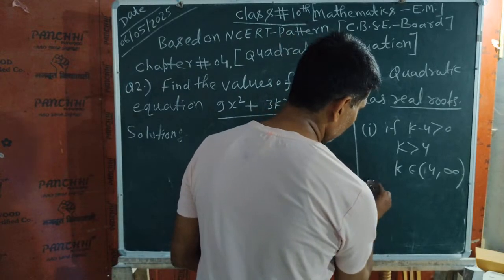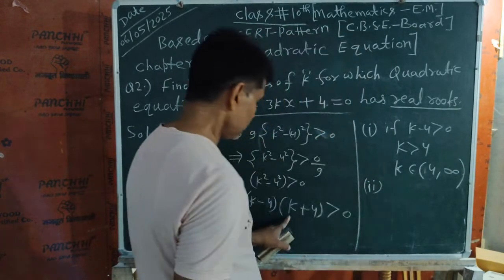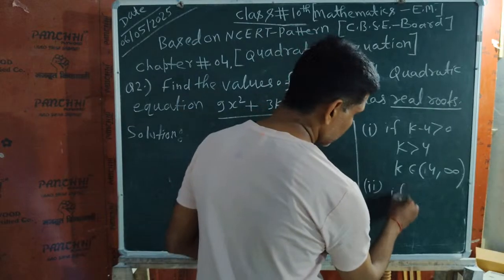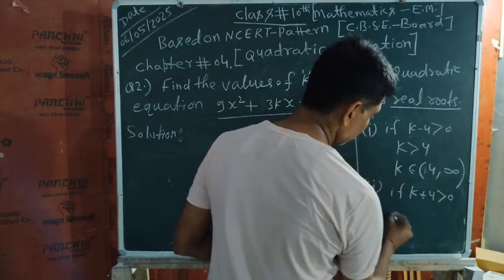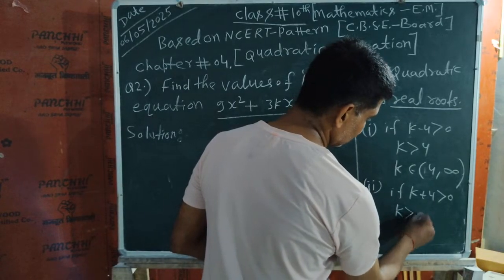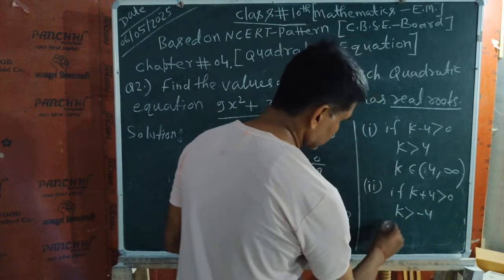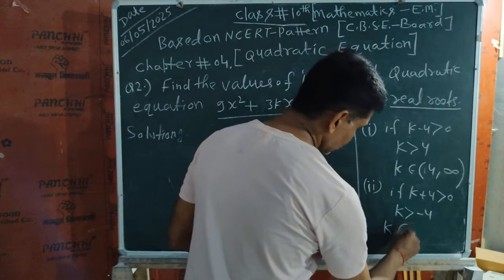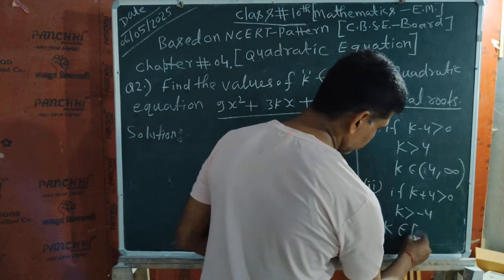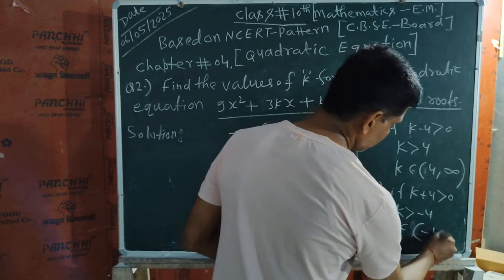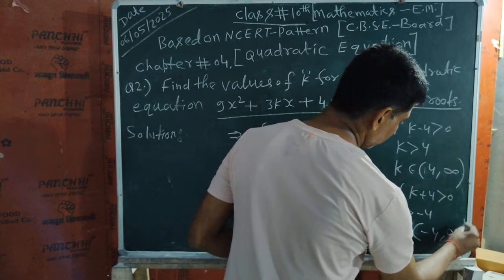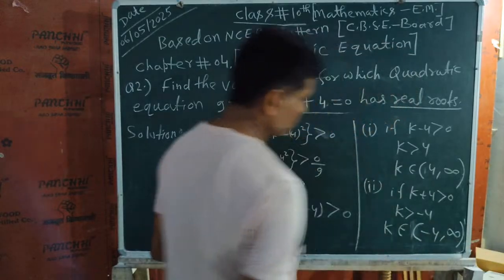Now here I am going to write condition number 2. If k plus 4 is greater than 0, in this case I will write k is greater than minus 4 and its value I will say k belongs to minus 4 to infinity.